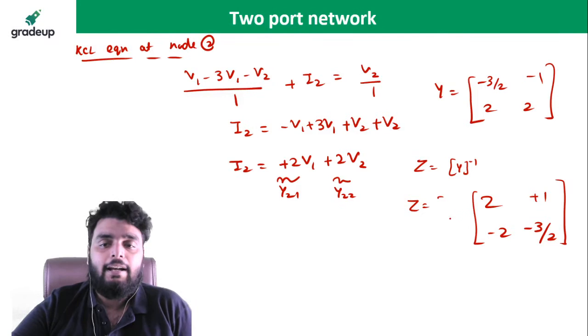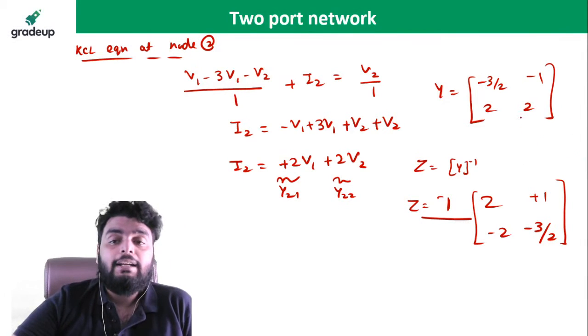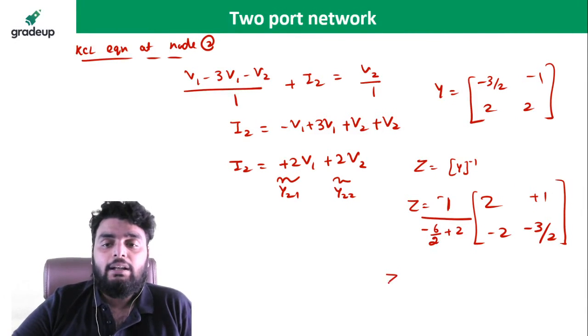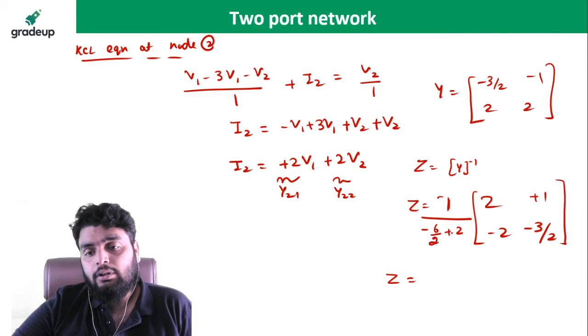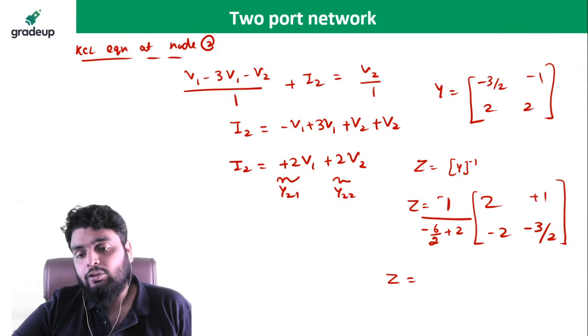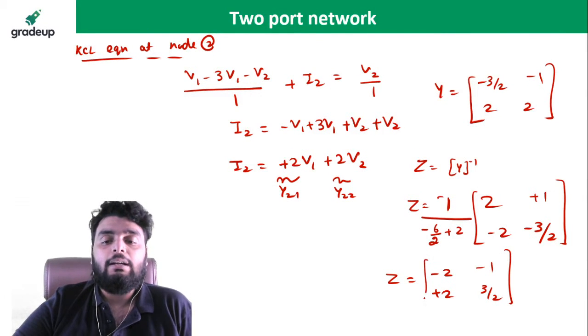Okay, and here it will be the determinant of the Y parameter. So if you take the determinant of Y parameter, it will be minus 6 by 2 plus 2. So Z comes out to be 2 to the 4, 3 minus 3 plus 2 minus 1. So minus sign को अंदर ले जाओ, it will be minus 2 plus 2 minus 1 3 by 2. This will be the Z parameter.